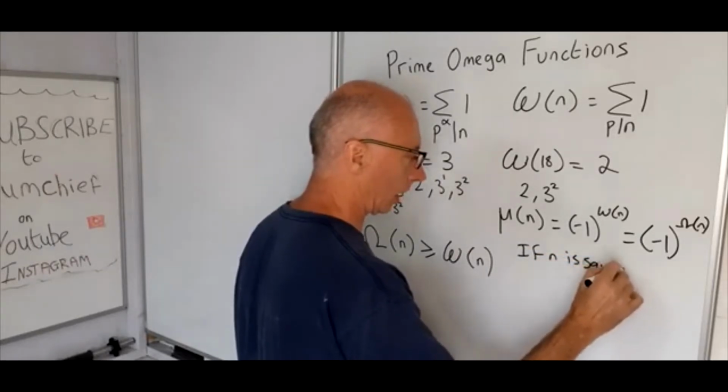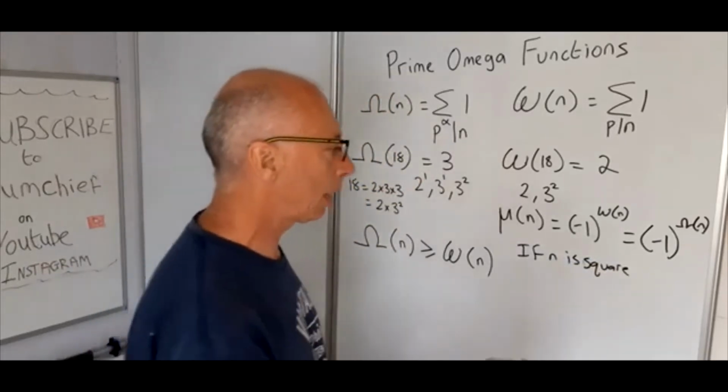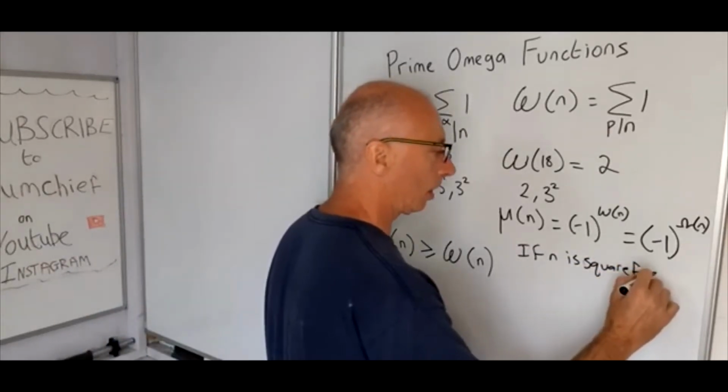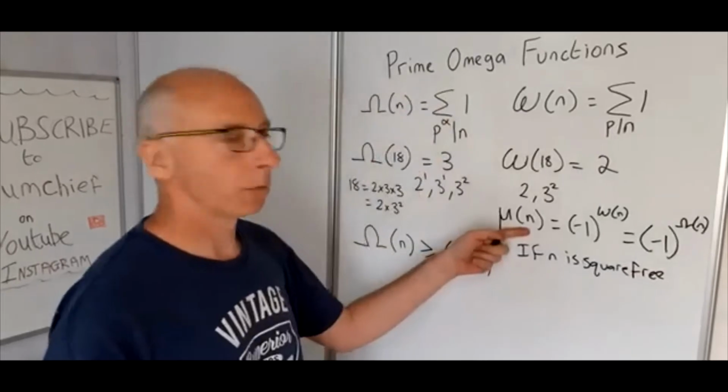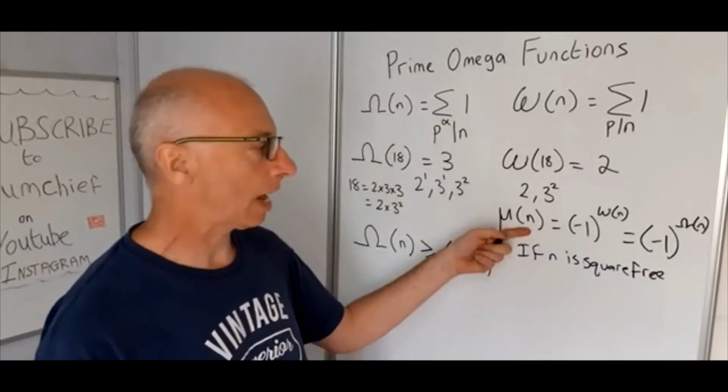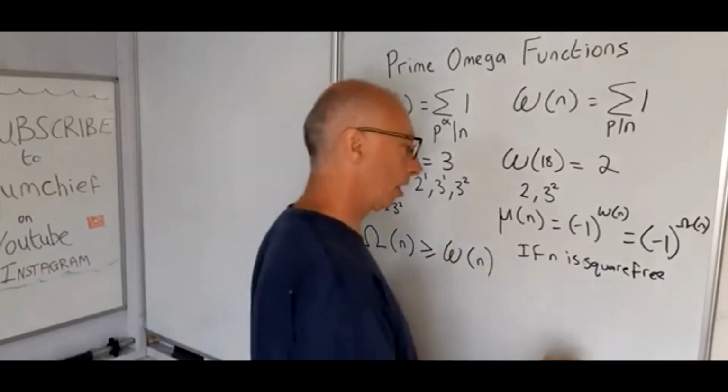If you have a look in the description down below, you'll see a link for the mobius function and details of how it's made and all the different values for it.